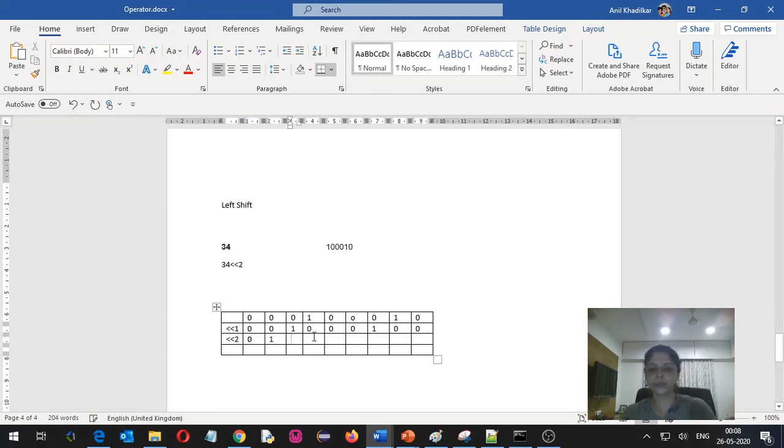So here 0 will come, 1 will come here, 0 will come here, 0 will come here, and this is the extra location where 0 will get added. Now if you check, this will become double the number 68, which is equal to 136.